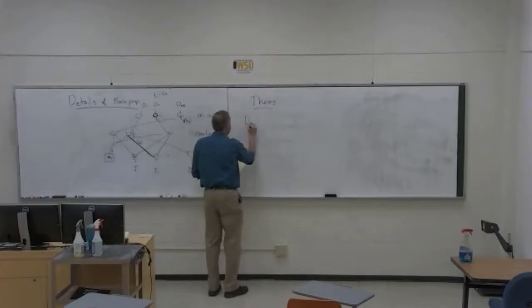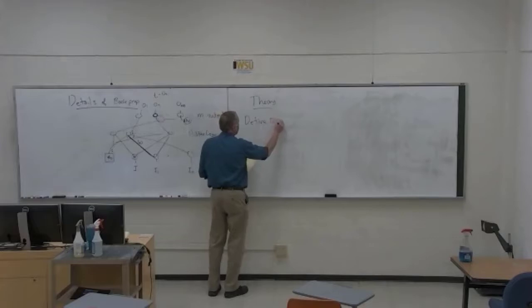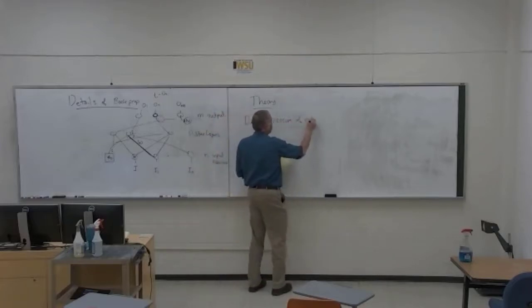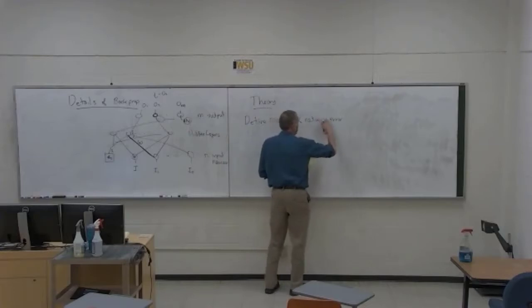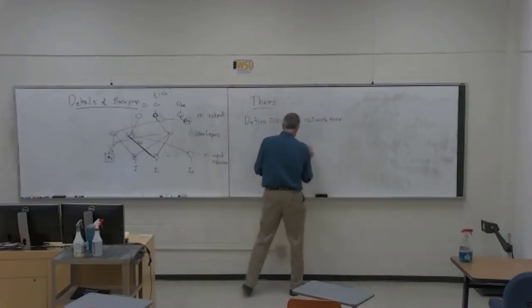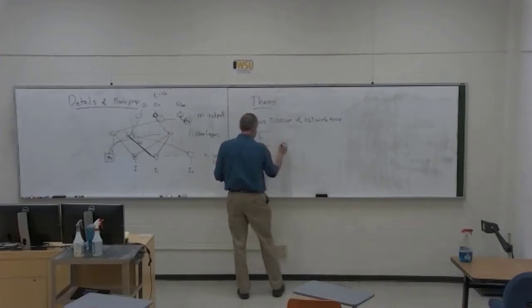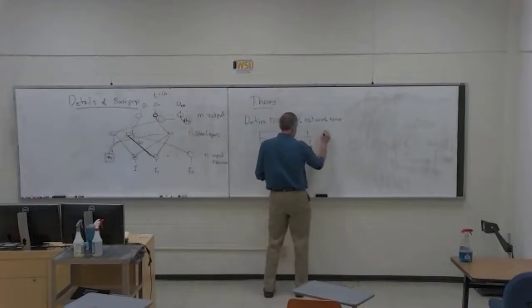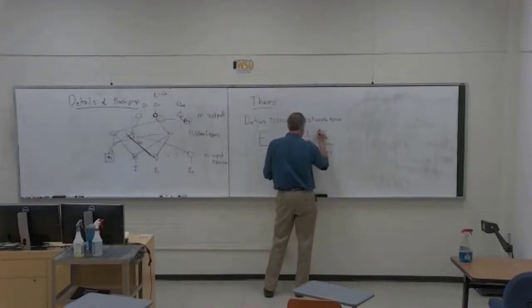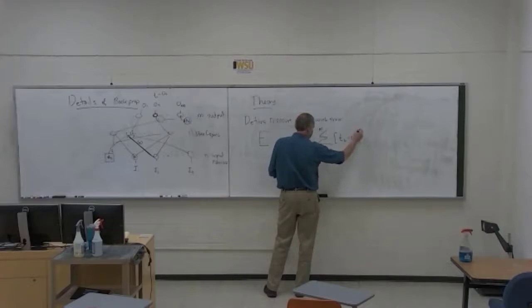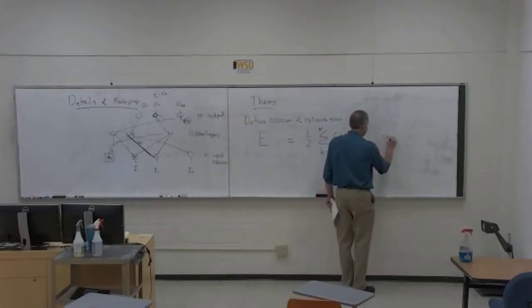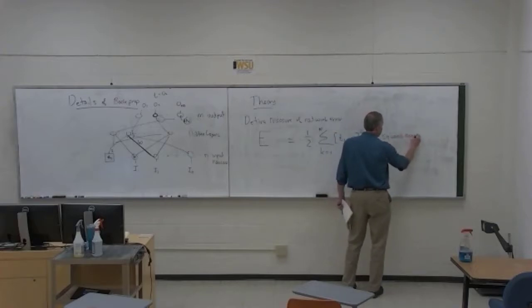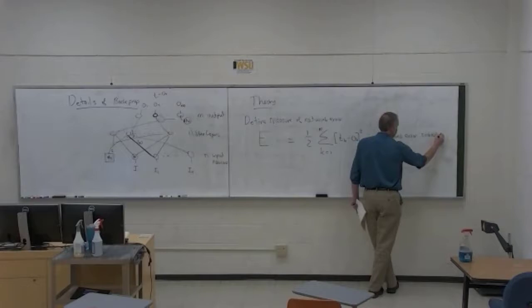So we're going to define a measure of the network error, capital E. So this is the squared error summed over the outputs.